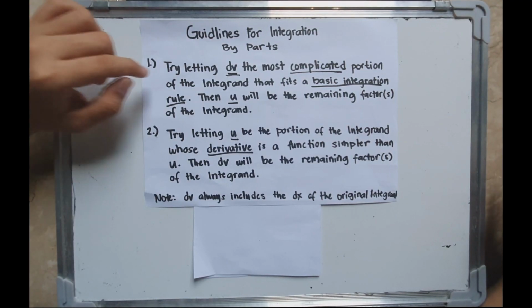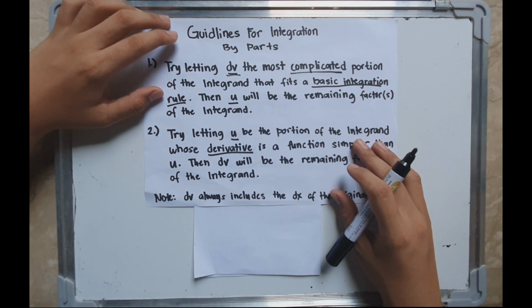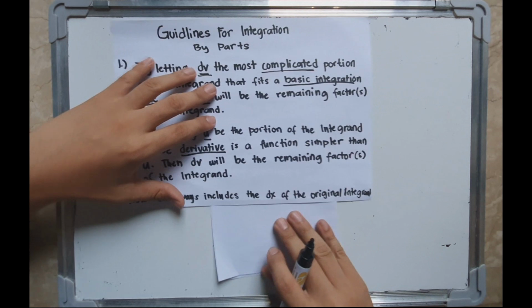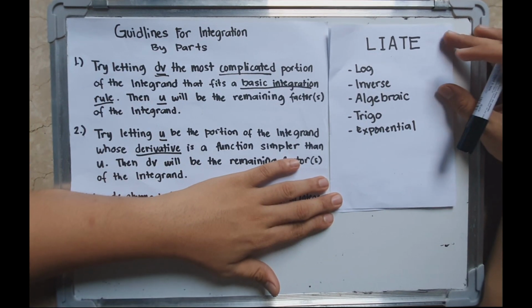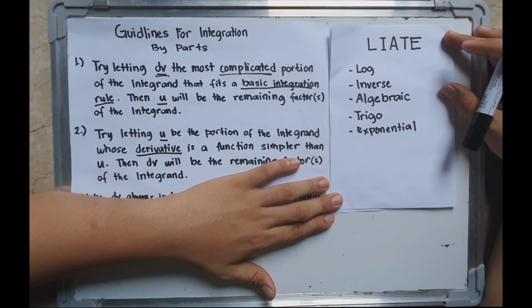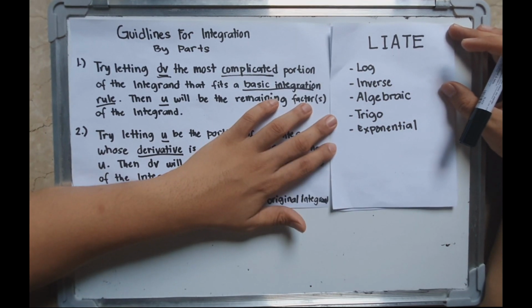Based on the guidelines here for integration by parts, we can also come up with this one. This is a guide for us to easily assign what could be the u and what could be the dv from our integrand.